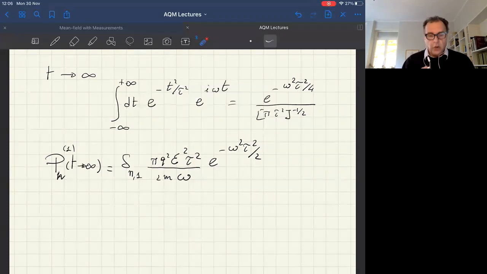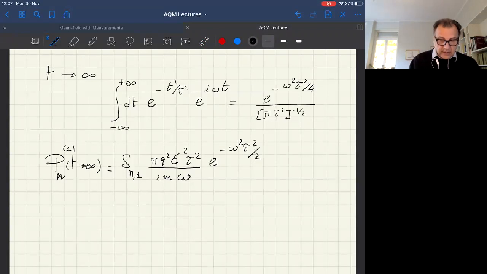Now, suppose the following. Just notice that if tau becomes much larger than 1 over omega, this exponential goes to 0. So what does it mean that tau becomes large? Let me draw it in a very sketchy way.